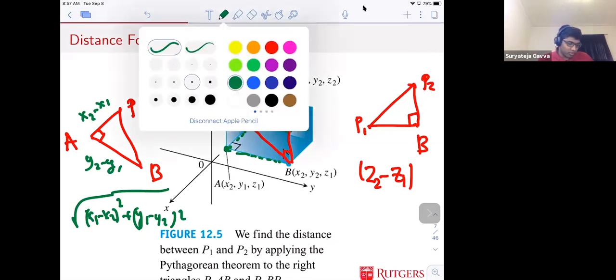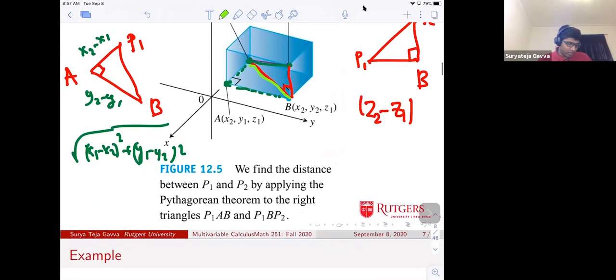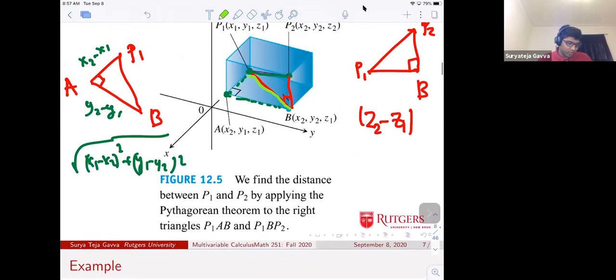So if I can draw in some other color, the length of this line is the square root of x2 minus x1 squared plus y2 minus y1 squared. And the length of this vertical line P2B is z2 minus z1. Now let's put them together to find the distance.